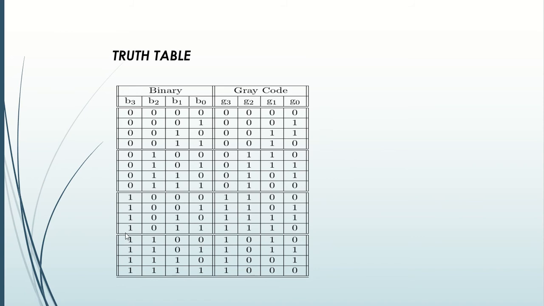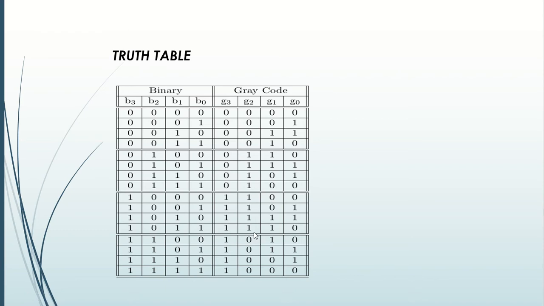Here in the example, the most significant bit of the gray code is exactly equal to the first bit of the binary code. The second bit of the gray code is derived using the XOR table, that is 1 0, meaning different inputs, gives output 1 in XOR.